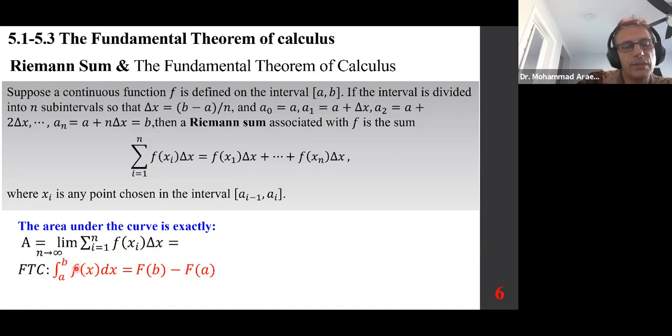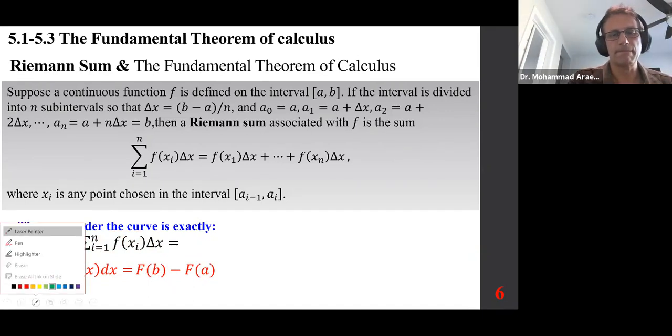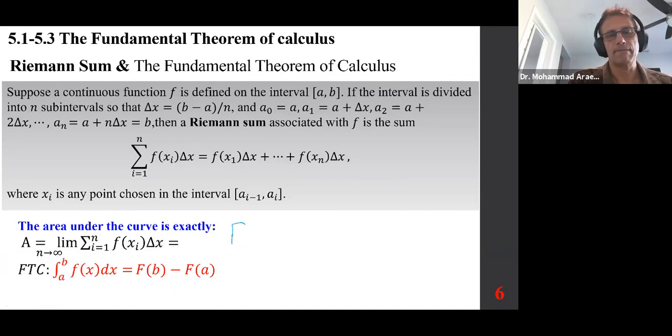If f is a positive function, this becomes the area under the curve. What is capital F of b minus capital F of a? This is FTC. This takes a long time to calculate. This is very easy to calculate, where capital F prime is lowercase f.